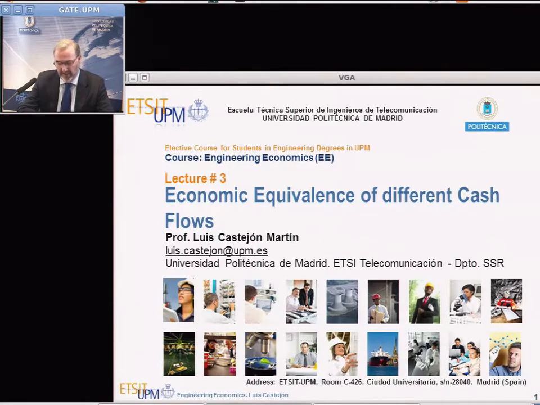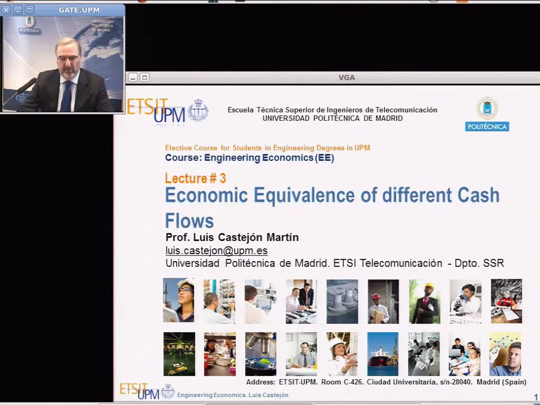I have a facility 1 project, a facility 2 project, and a facility 3 project, each with its own economics, cash flows, investment, expenses, revenues, and so on. So how do I decide which of the 3 projects is better? It makes sense to have a methodology to decide between different cash flow patterns.